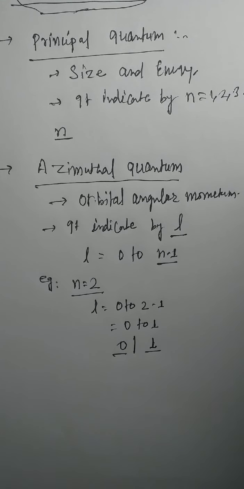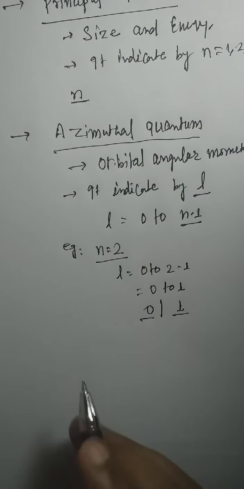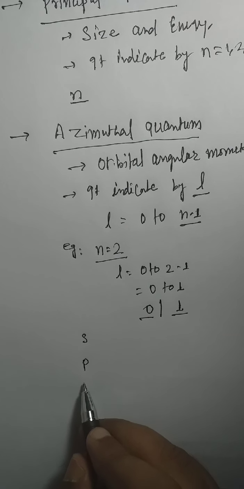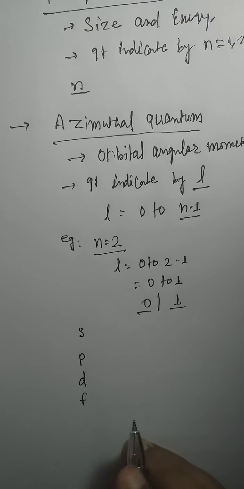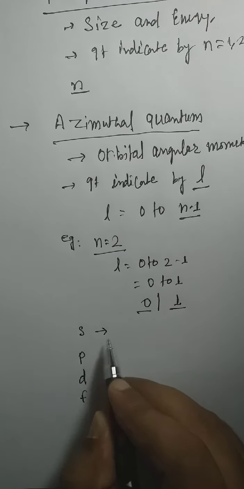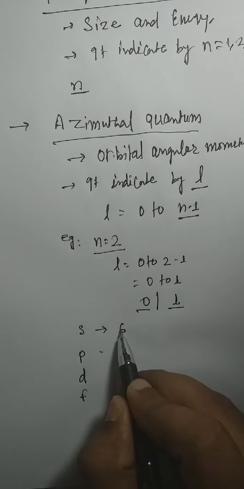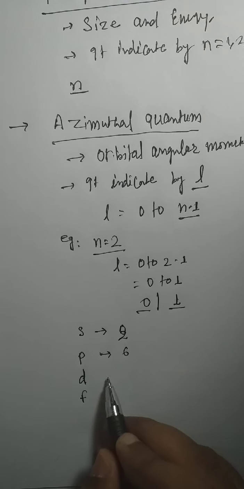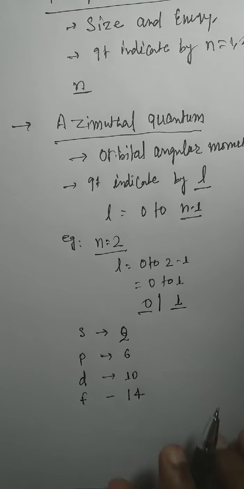This is a very important portion you have to memorize, and a little more: s orbital, p orbital, d and f are subsidiary levels of orbitals. S has capacity to accommodate 2 electrons, P has 6, D has 10, and F has 14 electrons.